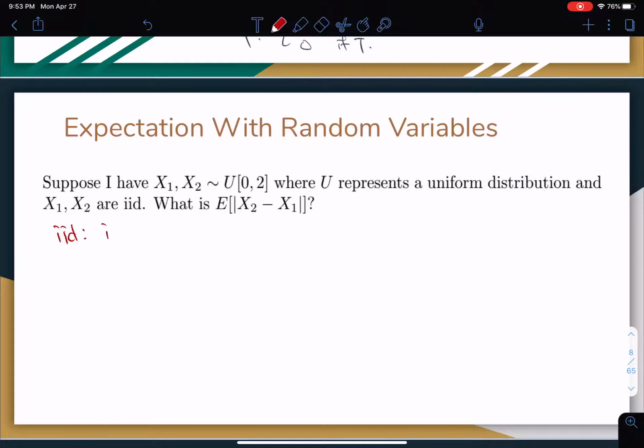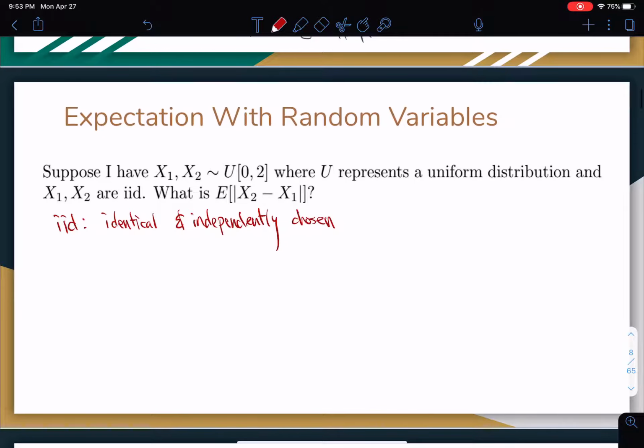IID means identically and independently chosen. So x1 and x2 are chosen from an identical distribution, and they're independently chosen. Very strong assumption that you're going to be seeing a lot.